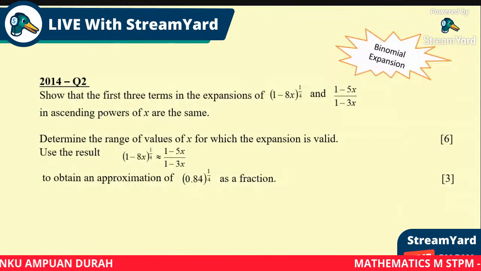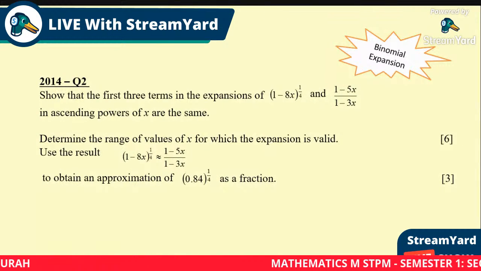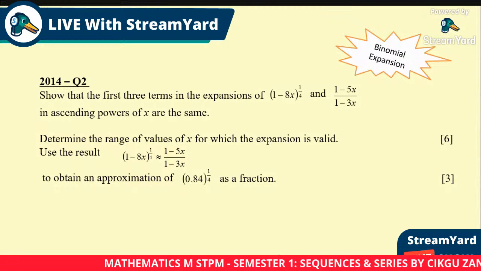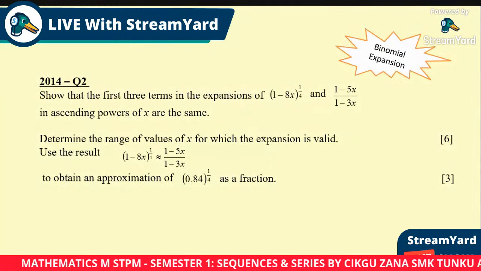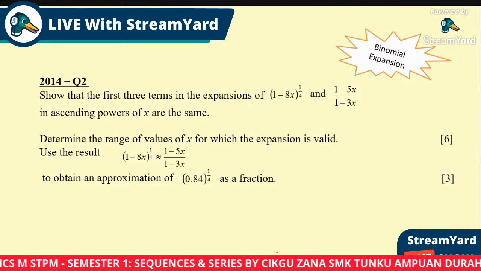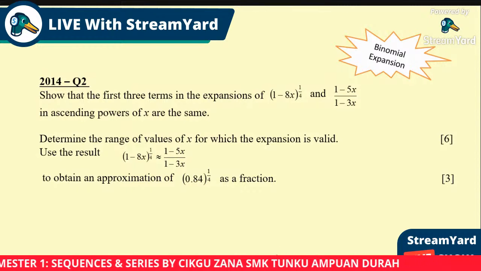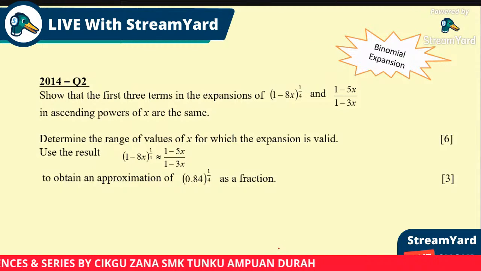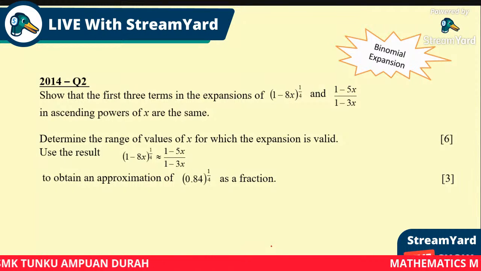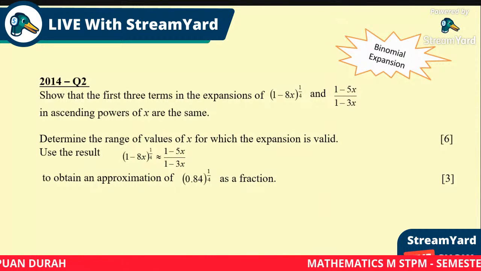And then we have the arithmetic series and the geometric series, and they will ask about the convergent series. Then we have the method of difference, so far only asked once, and we have binomial expansion almost every year. Okay, so that is all for today's lesson.